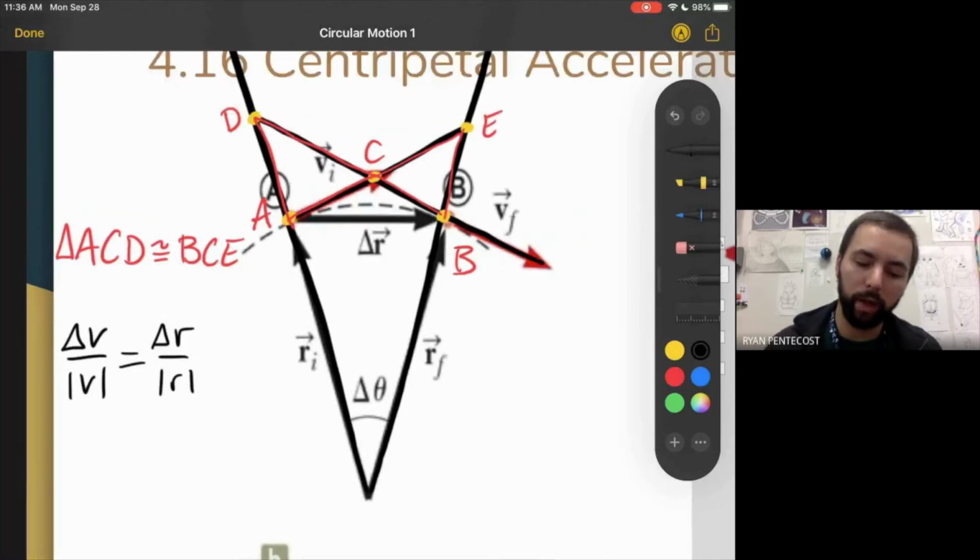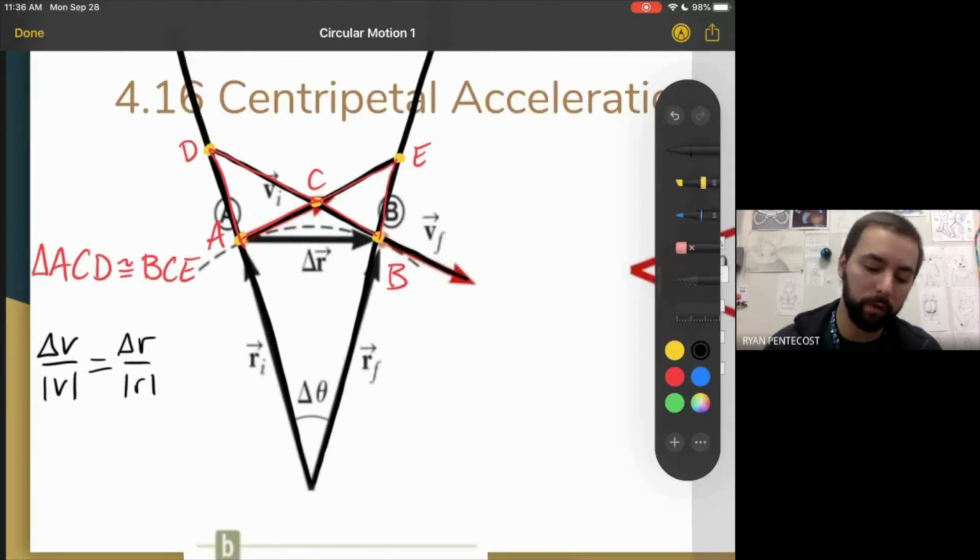So we're looking at a couple different triangles here. I'll put the blue for position. The long legs are the magnitude, and the top of that triangle is the change in R.